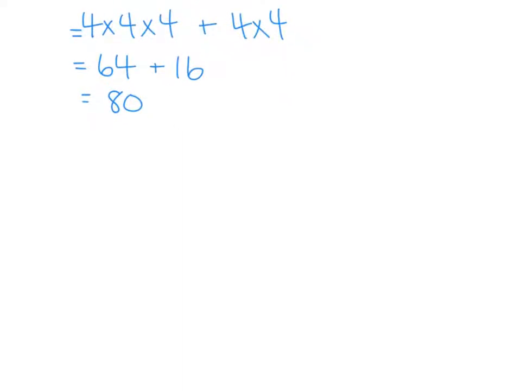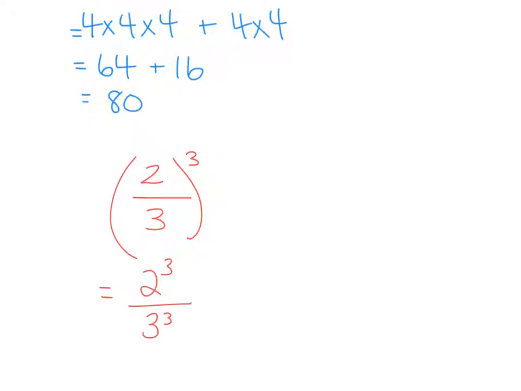Something just slightly trickier could be if you had a fraction. So let's say we had 2 over 3 to the power of 3. How the exponent works is it gets applied to both the numerator and the denominator. So we get 2 to the power of 3 divided by 3 to the power of 3.